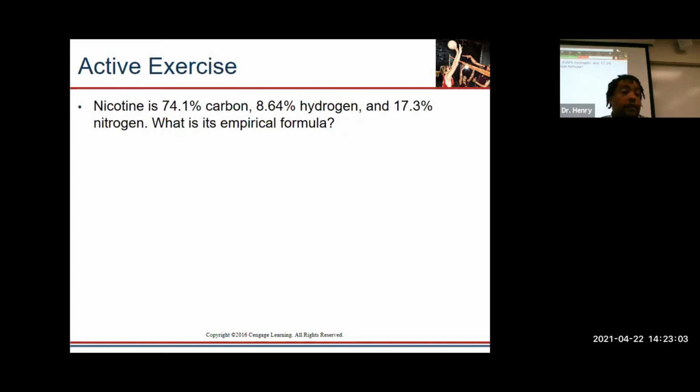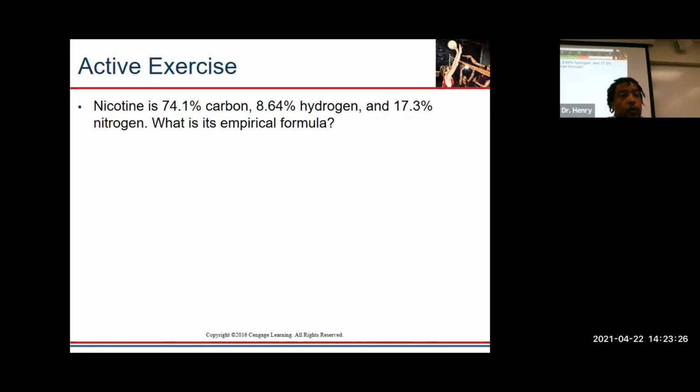Now when we're given percent mass, in the case of nicotine it is 74.1% carbon, 8.64% hydrogen, 17.3% nitrogen. What is the empirical formula? So again, in this case, we were given percent mass. Now we can make some assumptions.